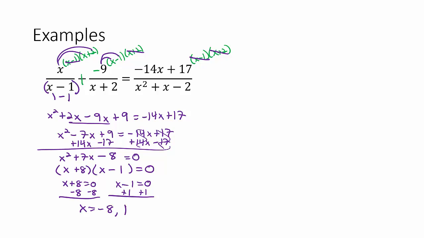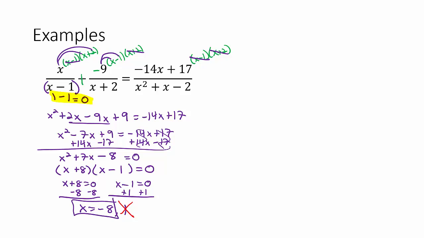When we put 1 in there, what's 1 minus 1? It's 0. We cannot have 0 in the denominator. That means 1 cannot be a solution. The only solution we actually have is negative 8.